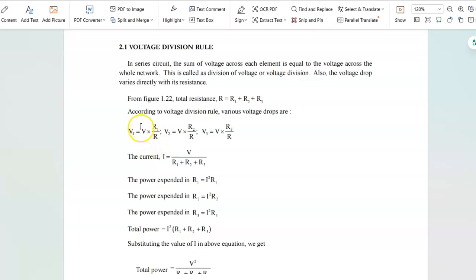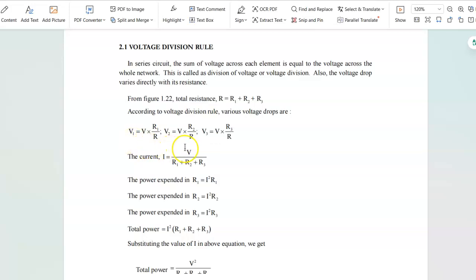So here the V is nothing but the total voltage in the whole network, and R1 is the respective resistance on which we are going to calculate the voltage drop, and this R is the total resistance of the circuit. So this will give you the voltage across a particular resistance.